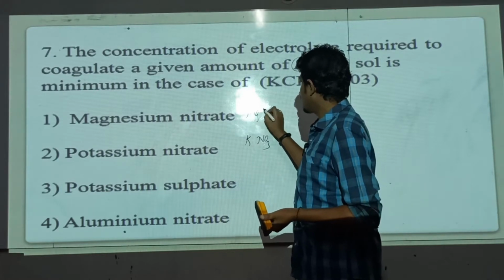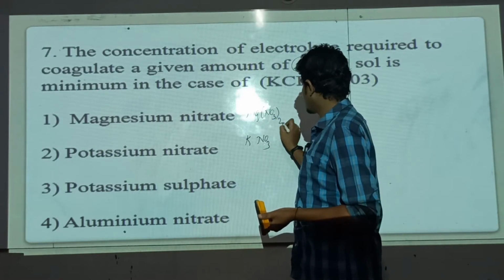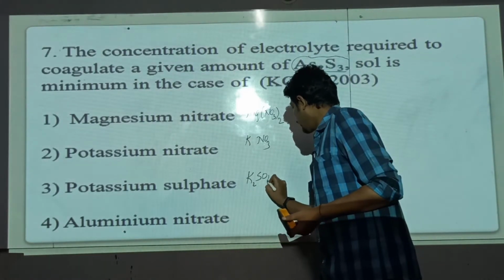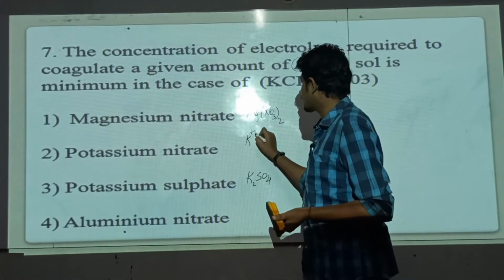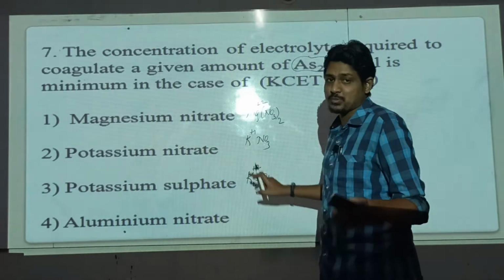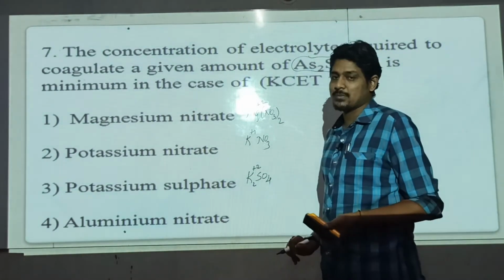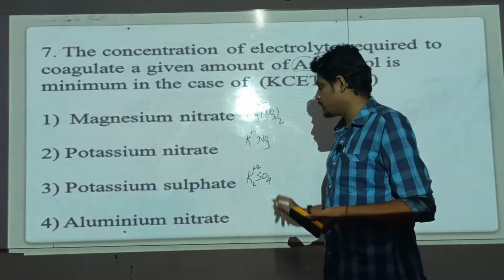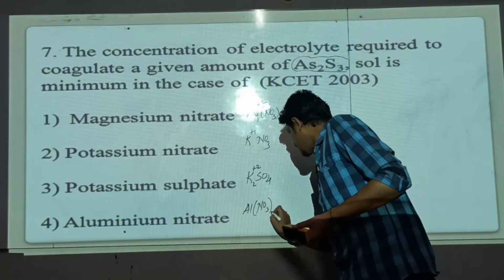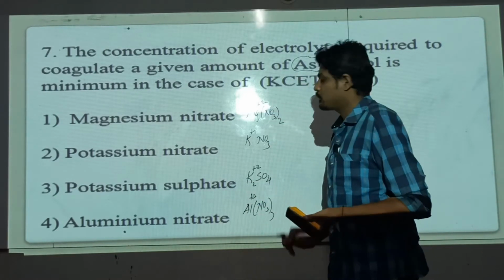Magnesium nitrate means Mg(NO3)2. Then potassium sulfate, K2SO4. Now go on calculating. This is +1, this is +2, and this is again +2 here. Usually potassium is +1, but there are 2 potassiums, so +2. Now aluminium nitrate, Al(NO3)3, means aluminium has +3.